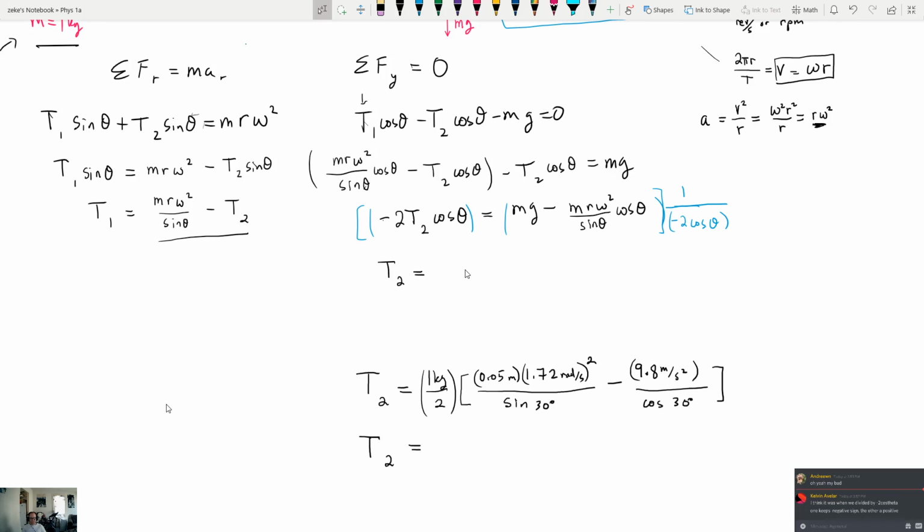On the right-hand side, we're going to have mg over 2 cos theta, and it's negative, plus, because negative, negative, mr omega squared over 2 sine theta, which is equal to m over 2 times, now just flip the order, r omega squared over sine theta minus g over cos theta.